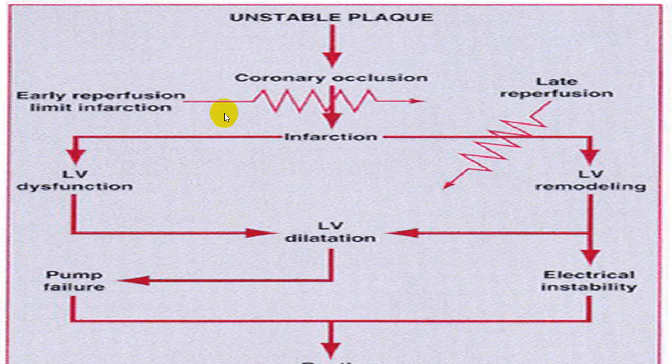Once there is an occlusion, it will lead to necrosis, and secondary to necrosis, LV dysfunction will take place, LV dilatation, which will lead to pump failure, and the person can die. Because of LV remodeling, there is electrical instability, and the person can develop cardiac arrhythmia and sudden cardiac death. Any one of these can happen.